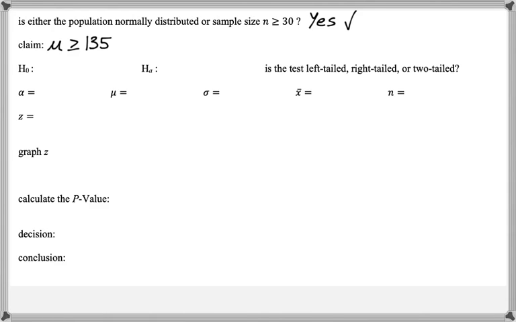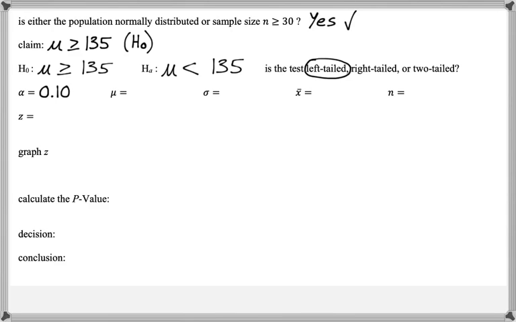Now, because the claim uses a greater than or equal to sign, this is the null hypothesis. So the alternative hypothesis is mu is less than 135, which means this is going to be a left-tail test. Alpha is 0.10, mu is 135, sigma is 3.3, x bar is 133, and n is 32.